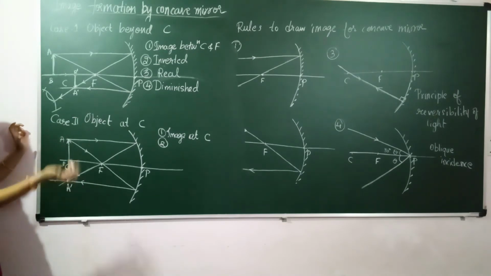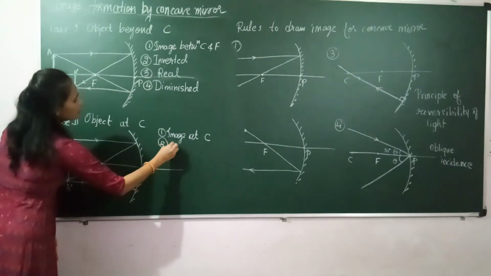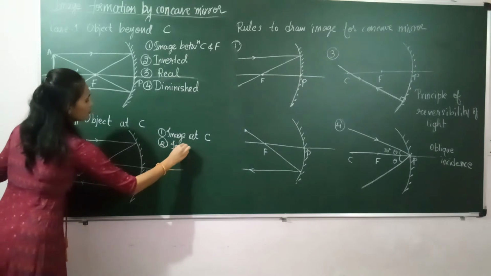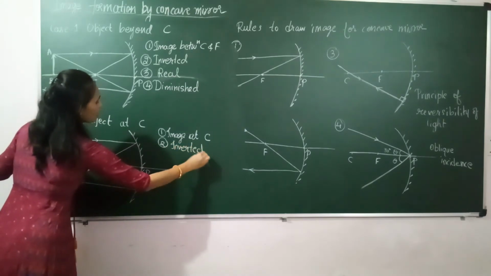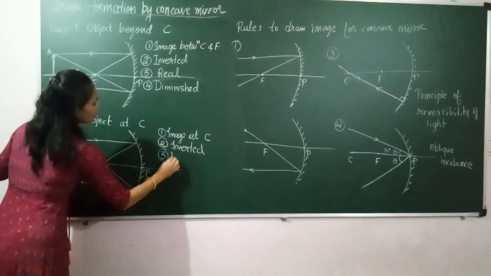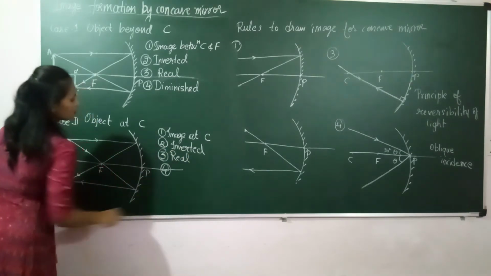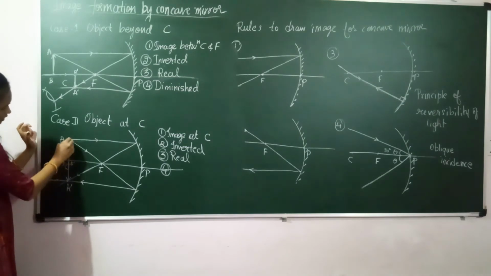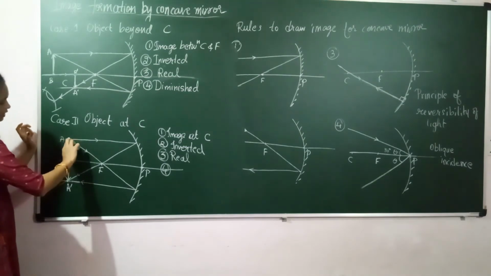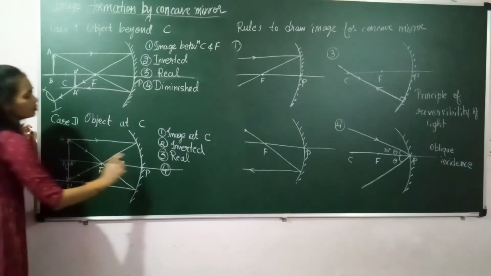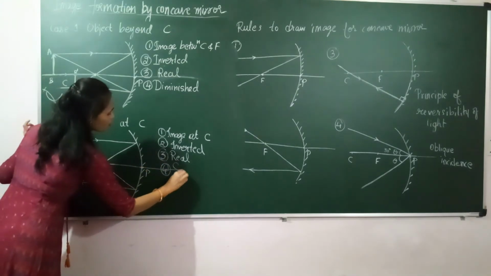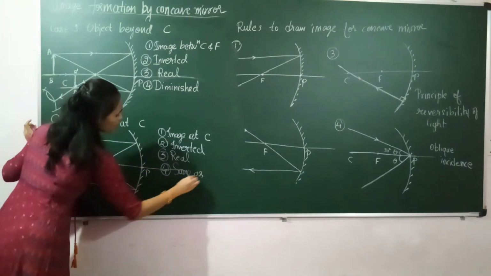We are getting an inverted image, so we will call it inverted. Always, inverted images are real. So we will write it as real. And the fourth point is about the size. This size and this size are both the same, means the object size and image size are the same. So we will write it as same as that of the object.